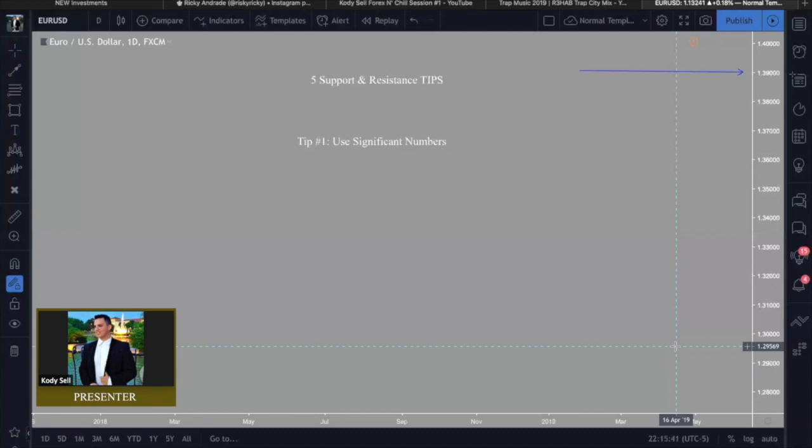But when you take a look at actual support and resistance, what you'll often find is that if you use significant whole numbers, you're more likely to have the actual accurate inherent barrier in the market where orders are being filled. So what I'd like to do real quick is shift this over to a chart so that I can show you practically what that might look like in the actual market.